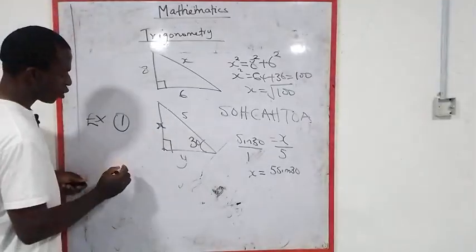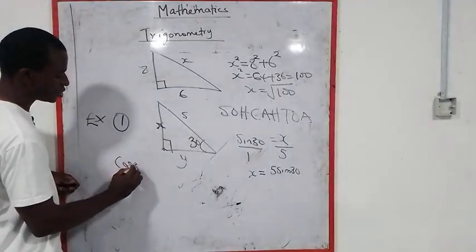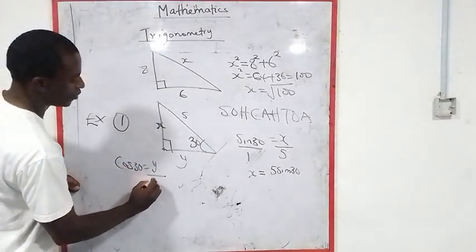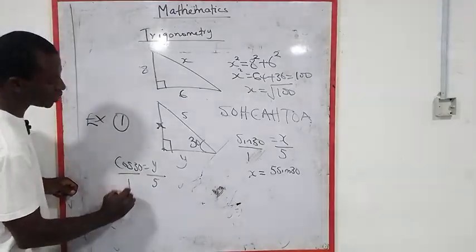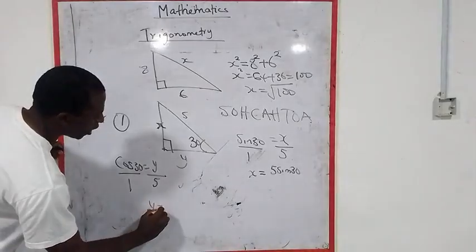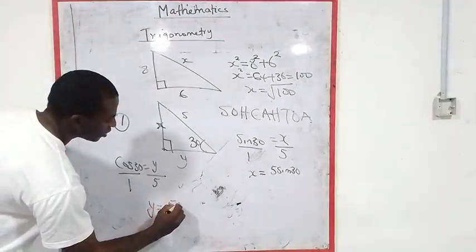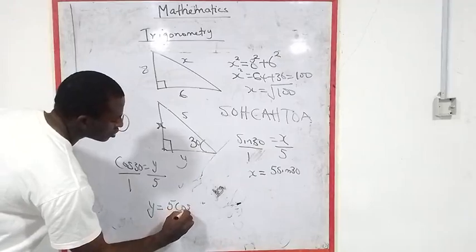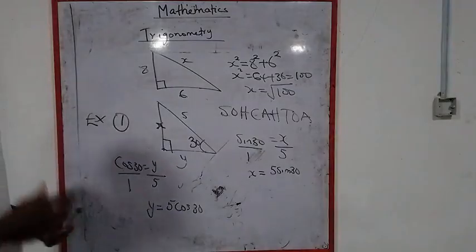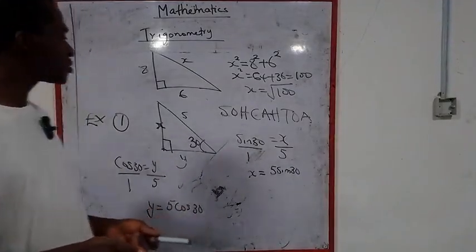So cos 30 is equal to y over 5. The same way we did just now, we cross multiply, so y is equal to 5 cos 30 degrees. This is exactly what we have as our y.